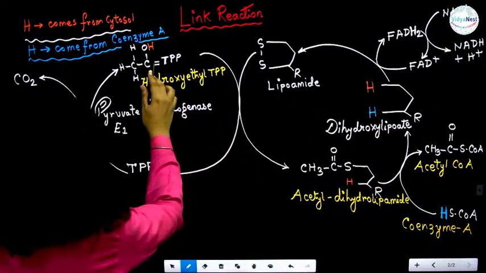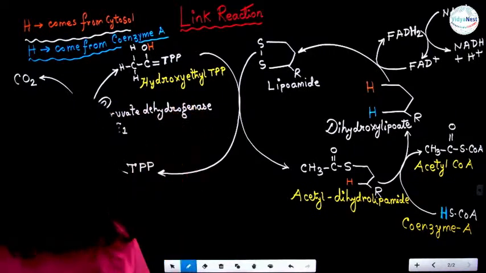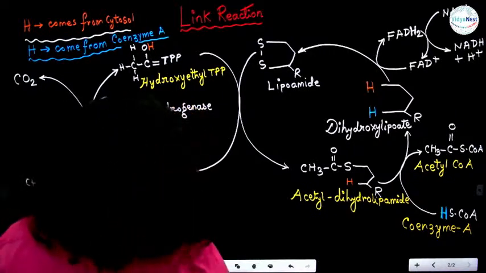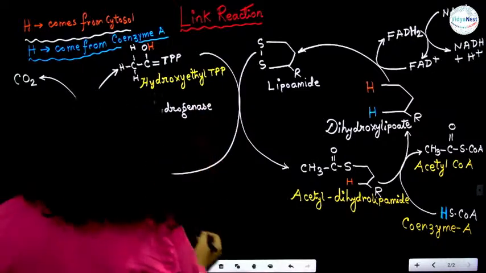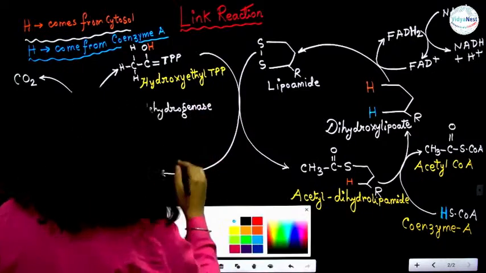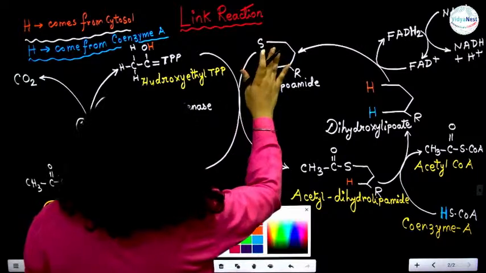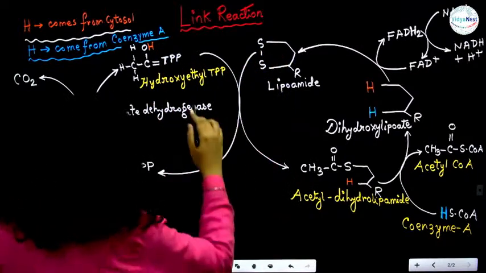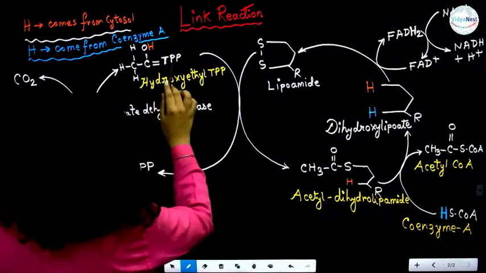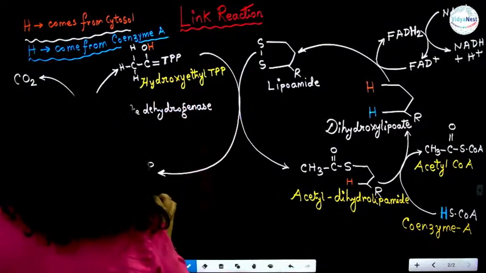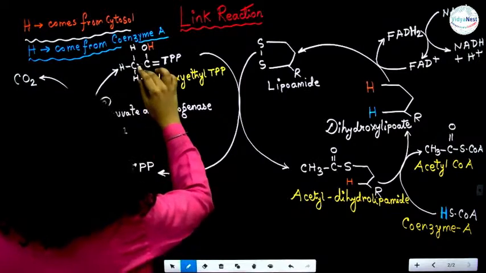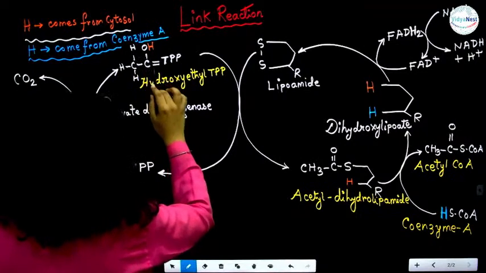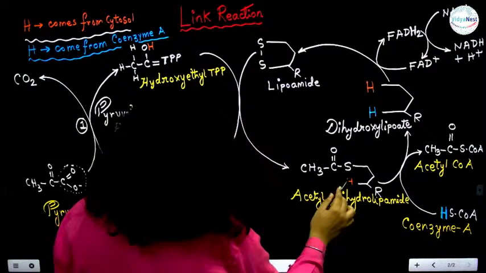From here, that is hydroxyethyl TPP, that is thiamine pyrophosphate. This one is thiamine pyrophosphate. I'm writing this. Lipoamide will be reacting with it, and what will happen? This TPP is returned back over here. This portion, that is CH3CO, is attached to the lipoamide.